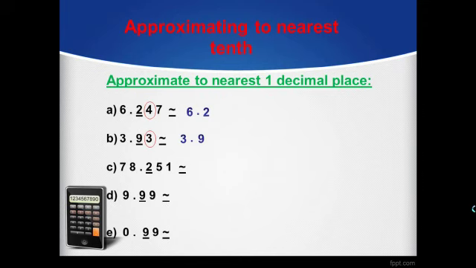Next one, 78.251. Our tenth digit is the underlined number, which is 2. So we will keep numbers before it the same, which is 78. Also, we will put decimal point.